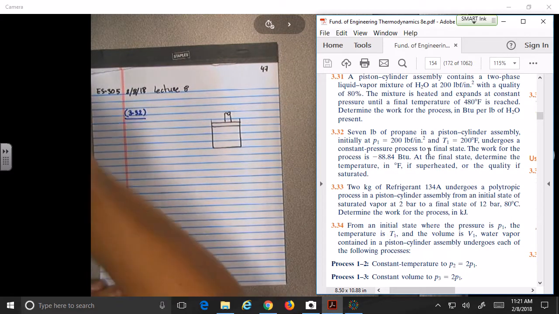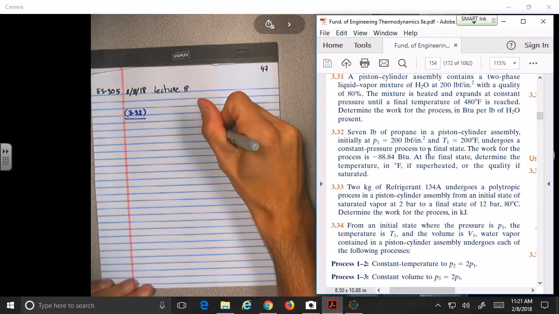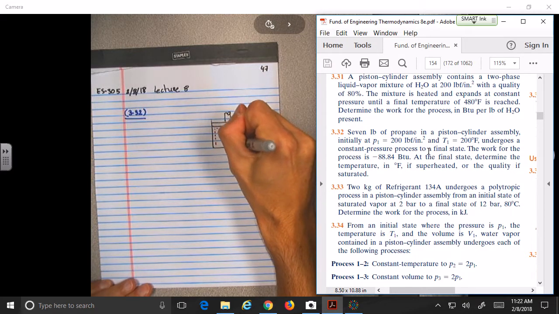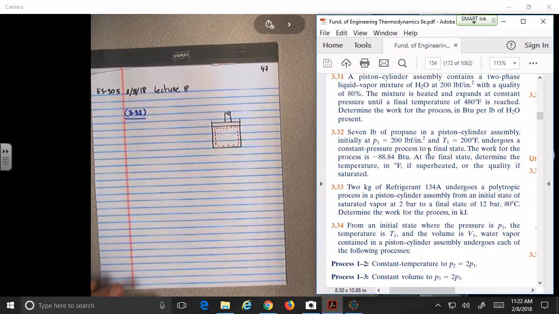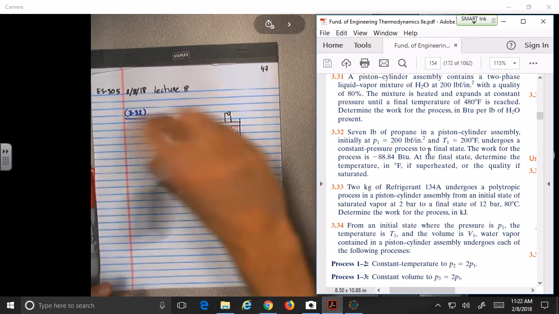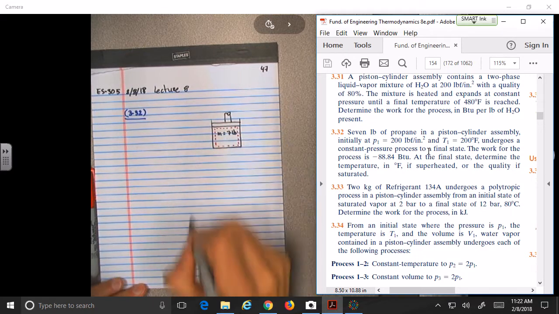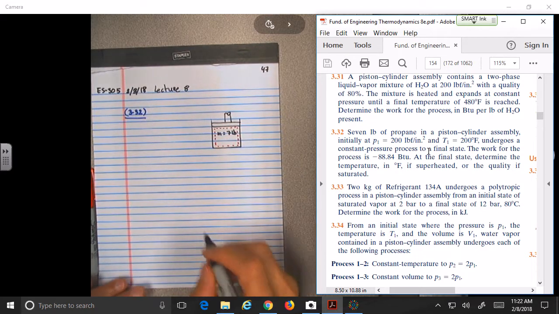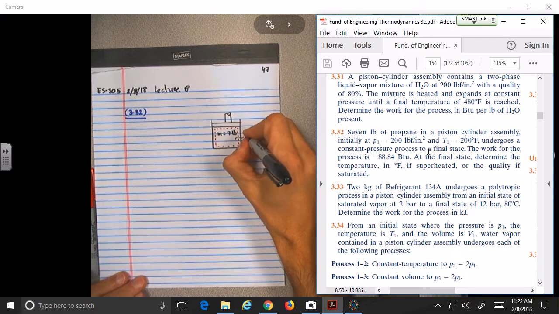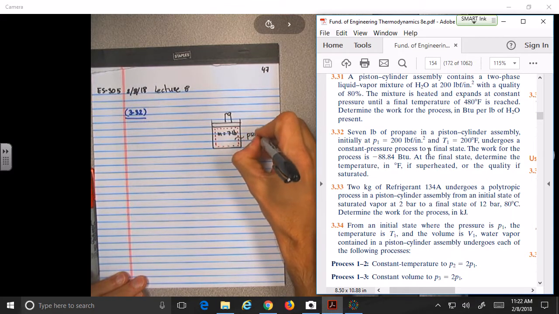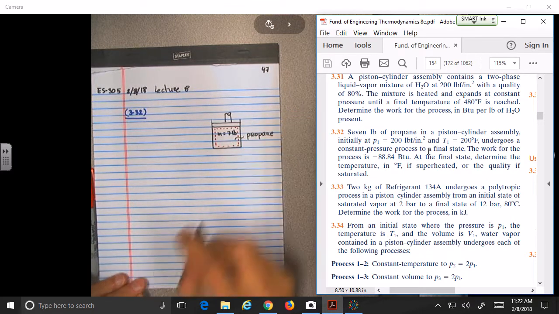Now, since I've done this, we know we are dealing with a closed system, no? So what else do we know? There is 7 pounds of the substance, and the substance is propane.